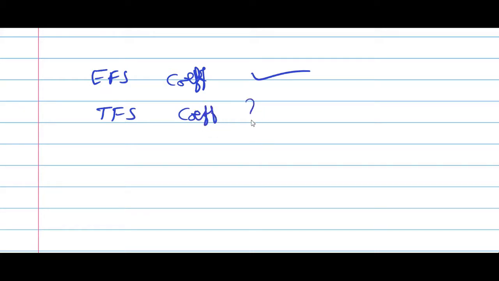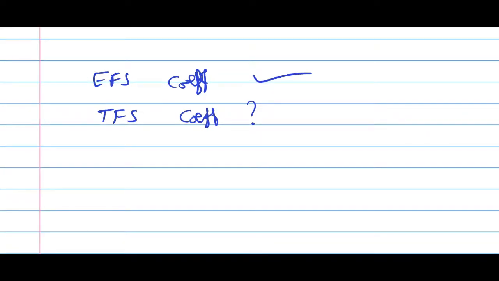Then suppose exponential Fourier series coefficients are given, how do we determine the trigonometric Fourier series coefficients? So you will get two equations. So you have to solve those two equations, and from that you can get the answer for the trigonometric Fourier series coefficients.